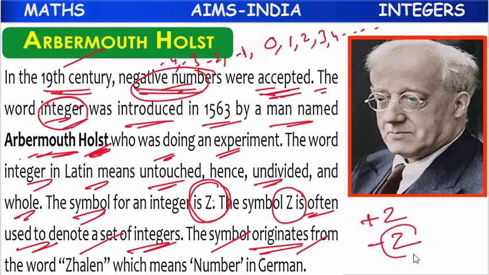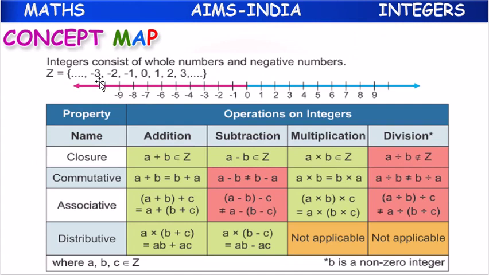So this symbol Z originated from a German word. These negative numbers were named integers in 1563 by Abermouth Holst.